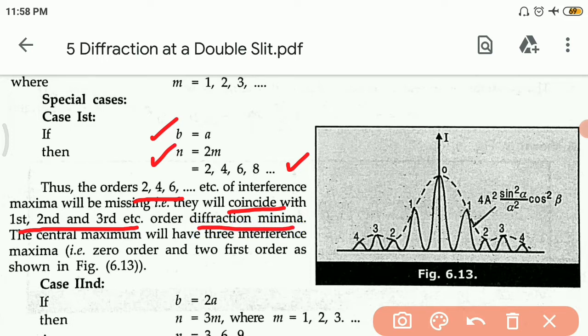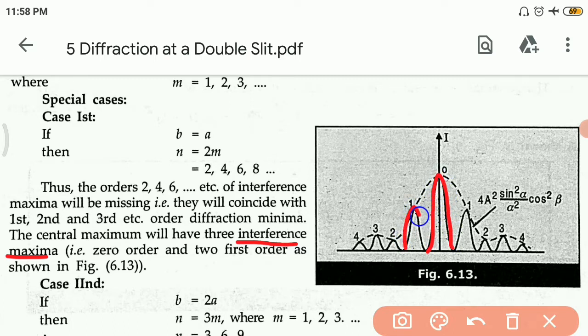The central maximum will have three interference maxima, that is, the zero order and two first orders, as shown here in the figure. So here you can see the zero order, and on either side one first order of interference maxima, inside this diffraction maximum.